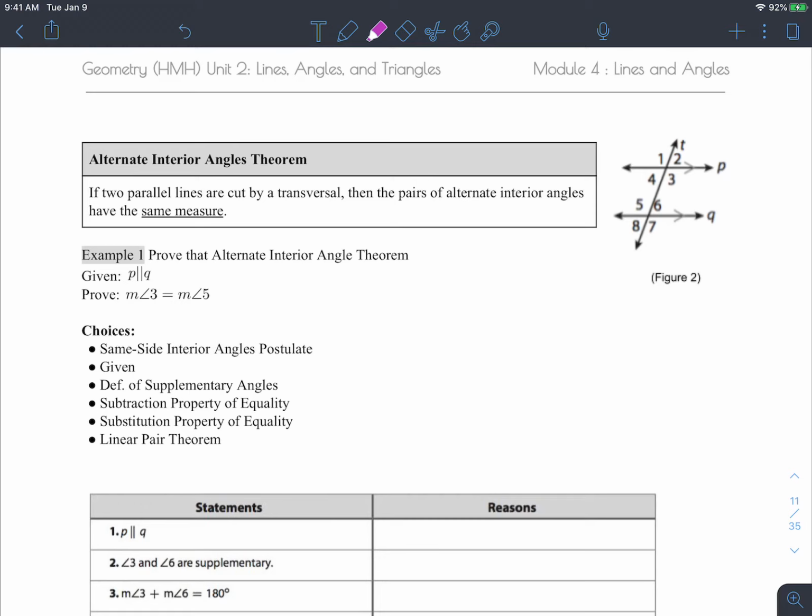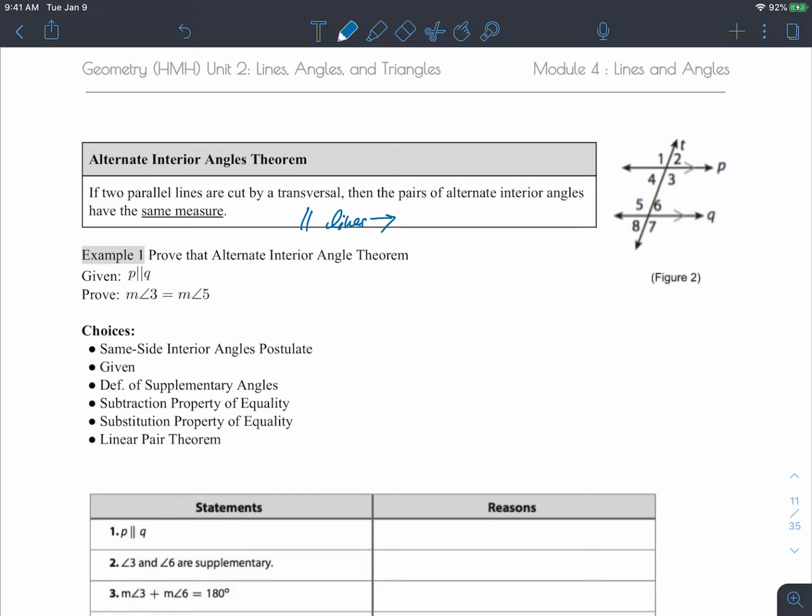We're building on top of the pyramid, right? So we're creating a pyramid. All right, guys. This theorem that we're trying to prove is the alternate interior angle theorem. If two parallel lines are cut by a transversal, right? Whenever that says that, I'll allow you to just write it this way.